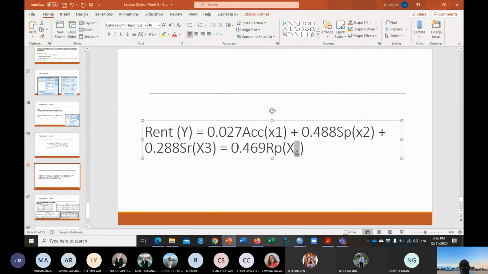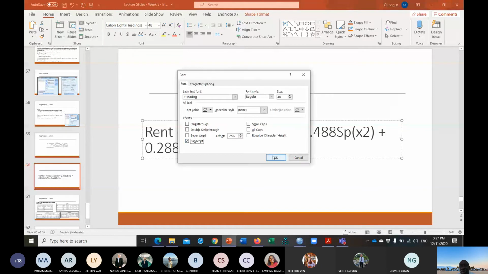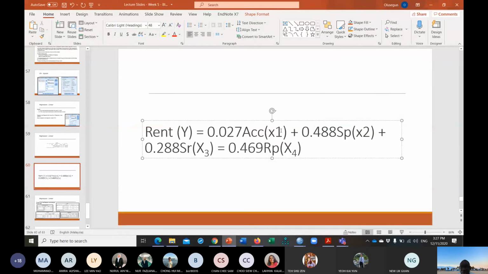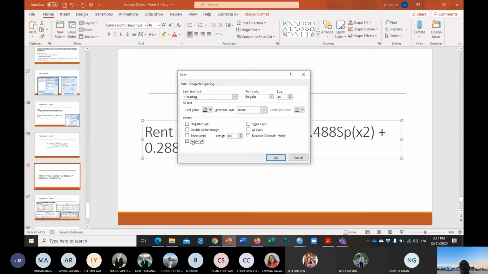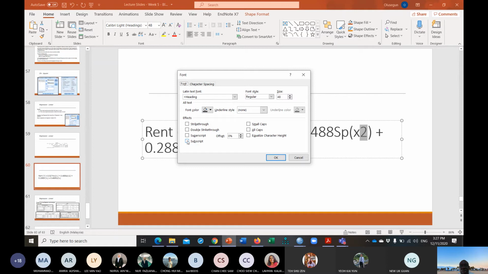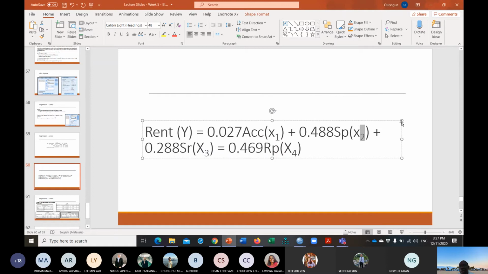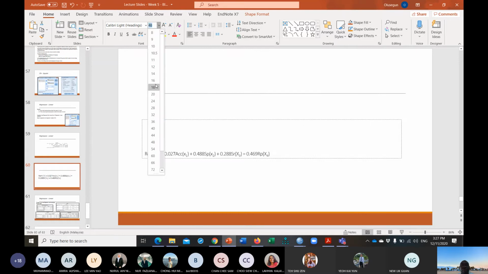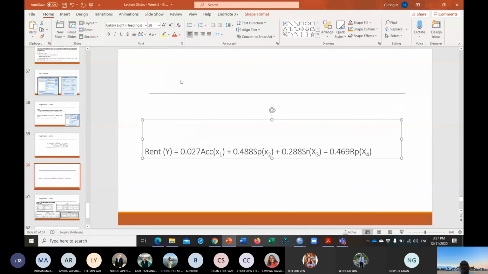Okay, then subscript 2. Okay. Let's reduce. Okay. Good.